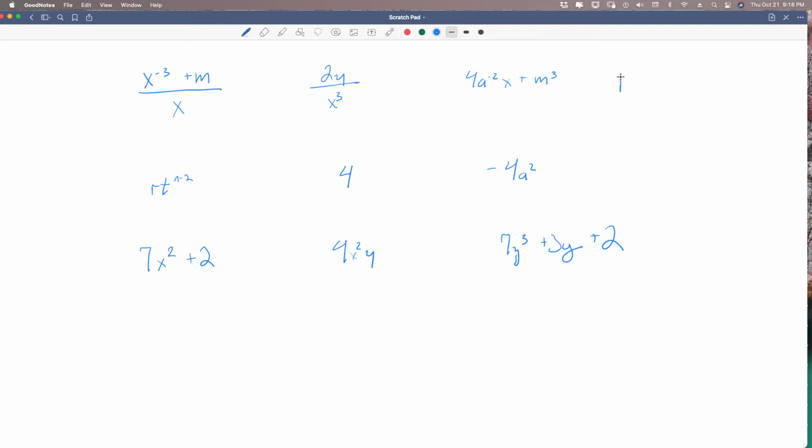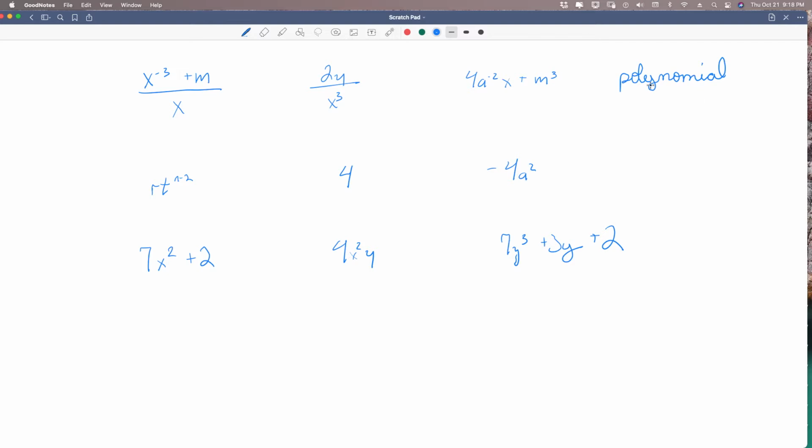Every one of these is what we would consider a polynomial. A polynomial just means many terms. It is a real number, a whole number, a rational number.